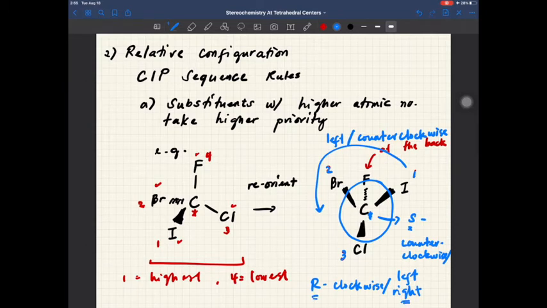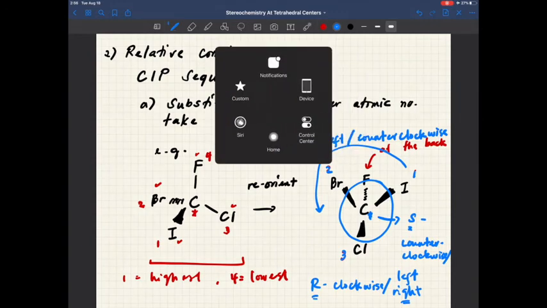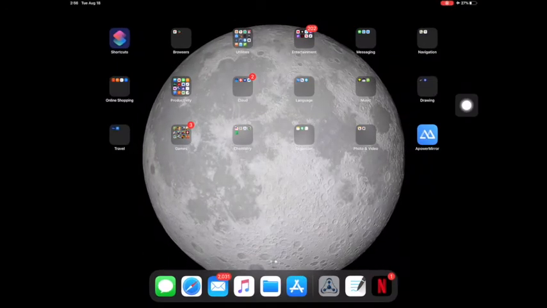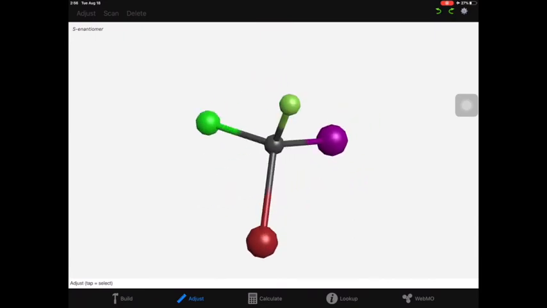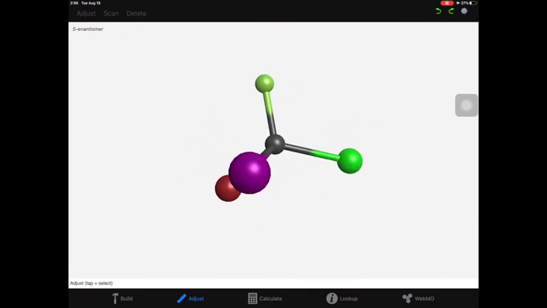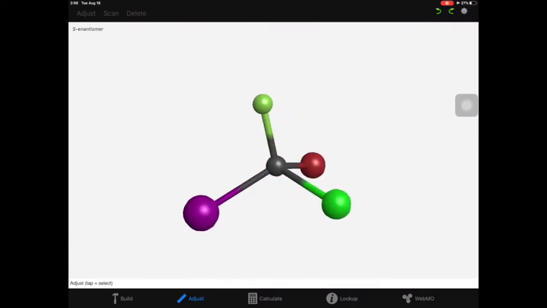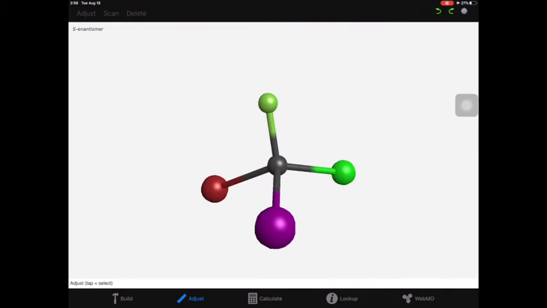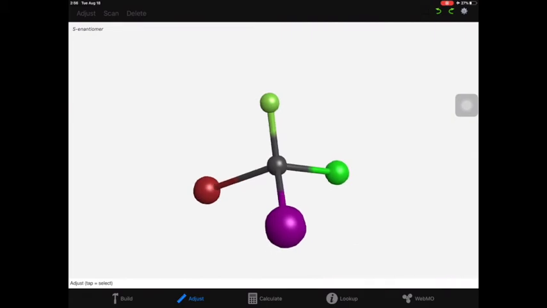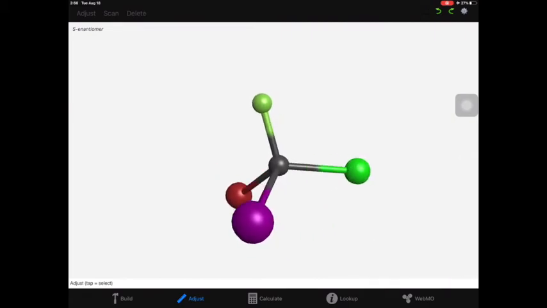In order to properly visualize a chiral compound and see the orientation of its substituents, we have to make use of our 3D brains. It takes practice, but in some instances, it would be better to make use of molecular models. For that particular compound, we have fluorine, which is bonded at the top portion, chlorine, which is bonded at this location, iodine, which is bonded by the front, and bromine, which is bonded at the back.